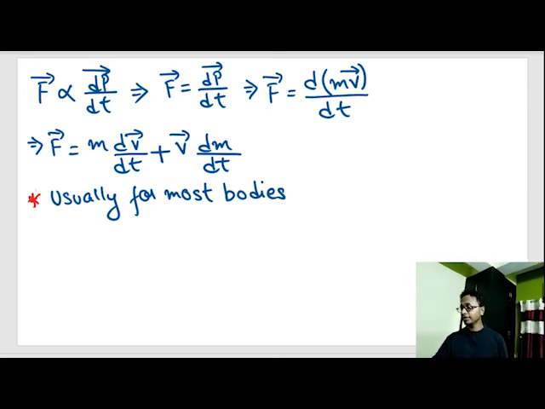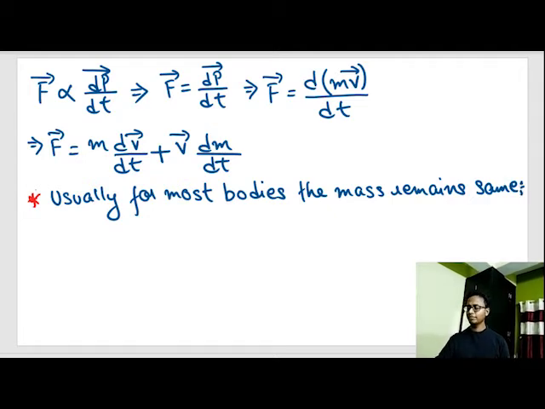If the mass remains same, then can I say dm by dt is equals to 0? That means the rate of change of mass with respect to time is equals to 0.